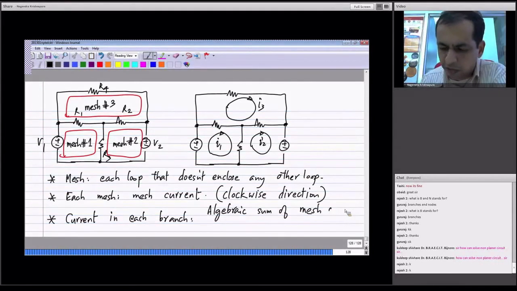Basically, and which meshes do we take? The meshes that the branch is part of.